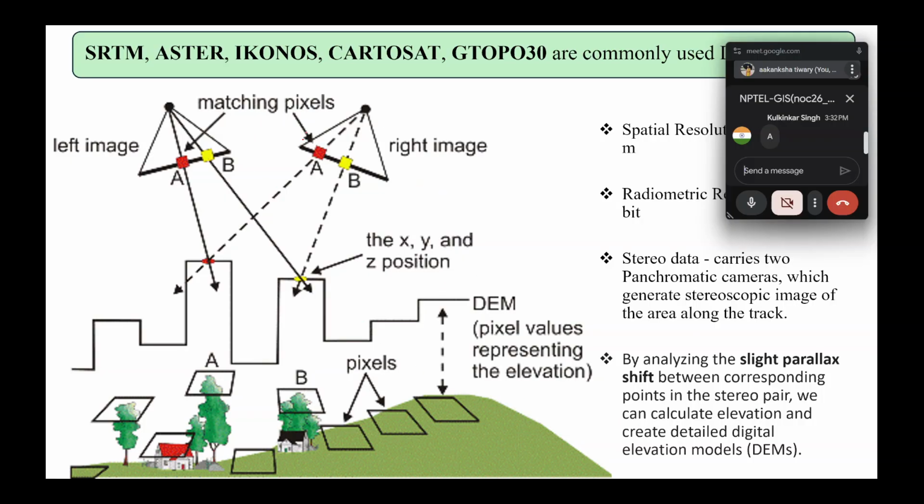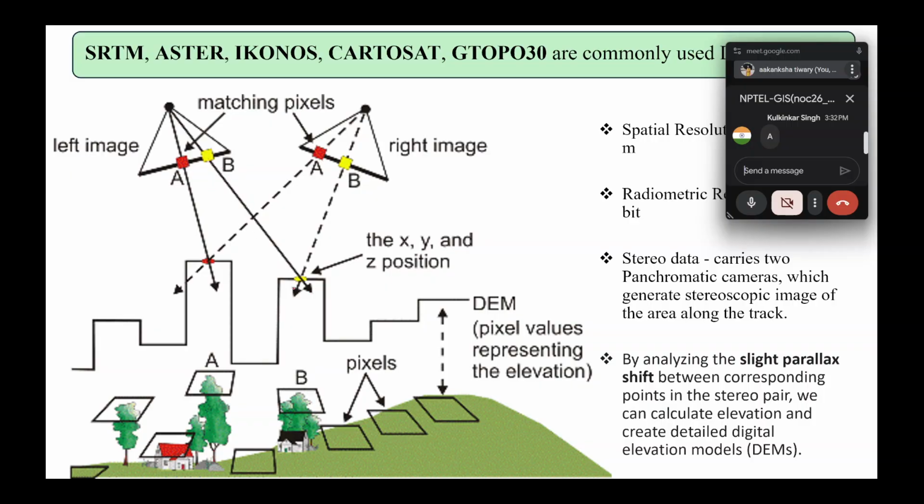This is what happens when two cameras view the same site from two different angles. From that shift, a 3D map can be made. You can see this is tree A and this is tree B. If this camera is viewing this, it is going to intersect here for A, and for B it is going to intersect here.